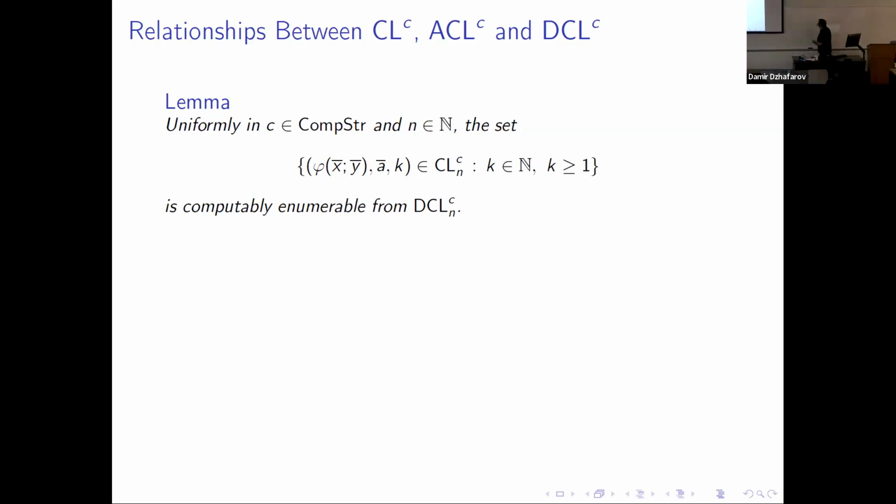I have some formula P(x, y), and I want to know whether there are, say, 7 elements. So I find a formula P7 of x, y1, ..., y7, and I basically say this is equivalent to the big disjunction of phi of x, y1, ..., yi.